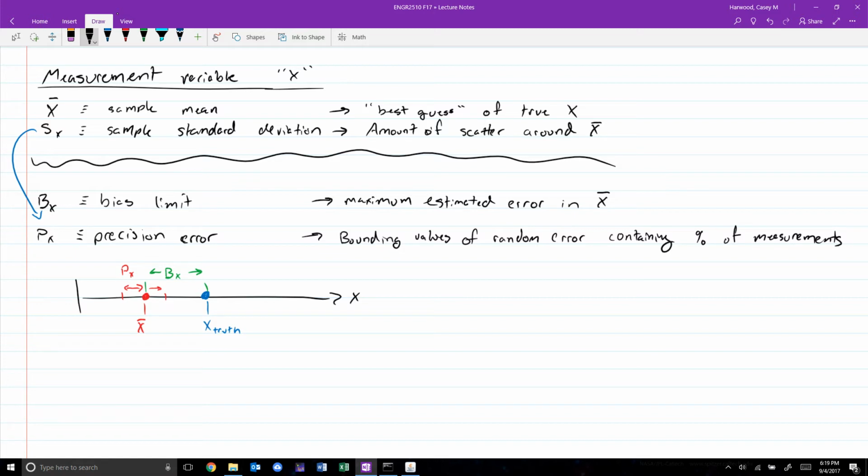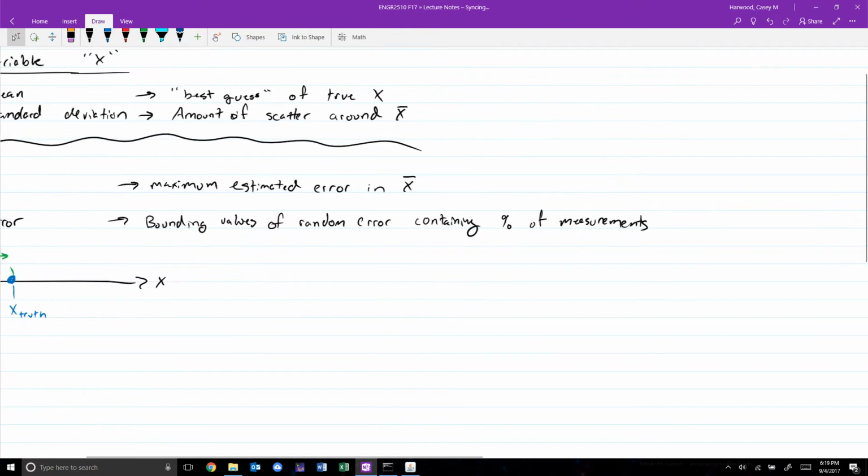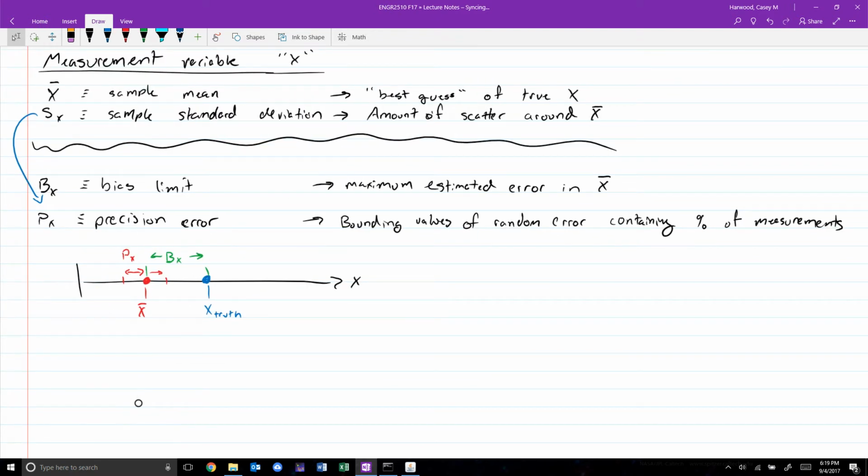So this can be thought of as a type of confidence interval. And so we define Px as being equal to t times Sx, where Sx is our sample standard deviation here. And t, we're going to define as what we call a coverage factor.